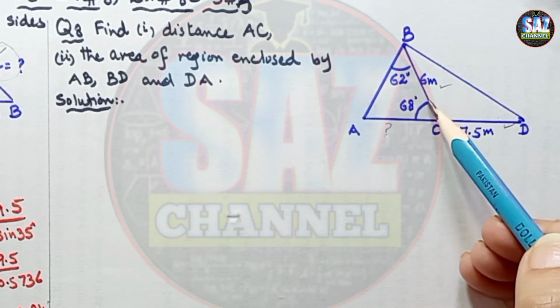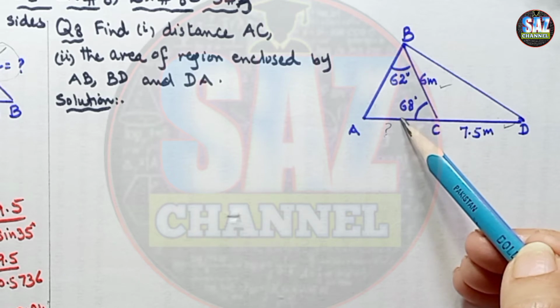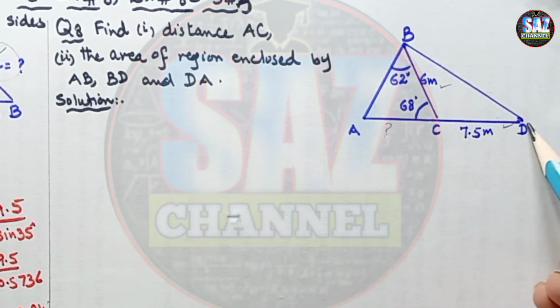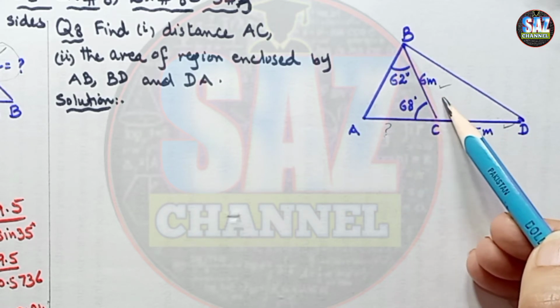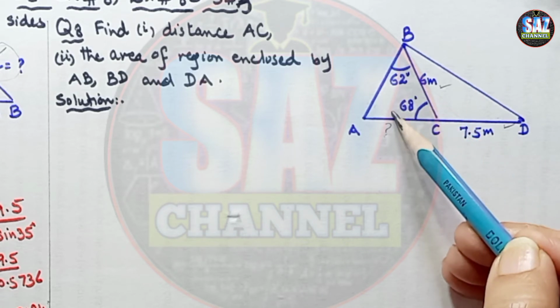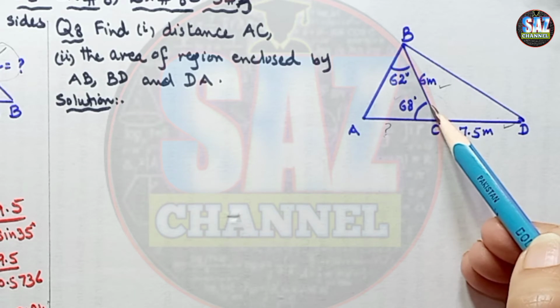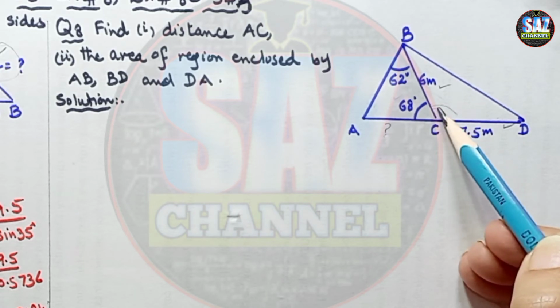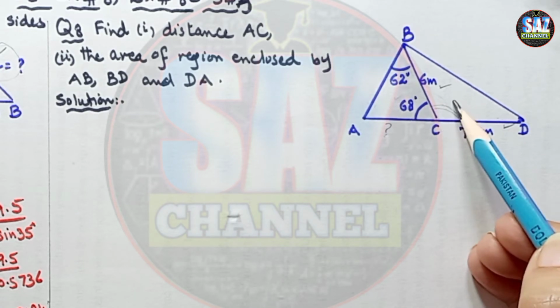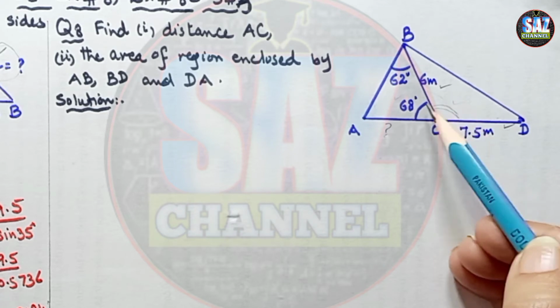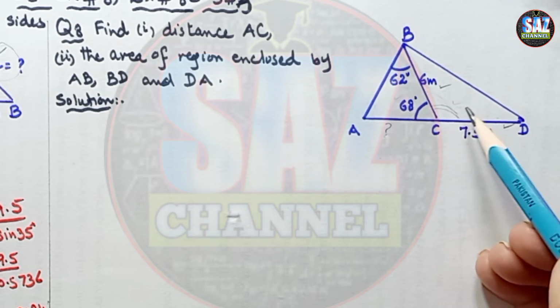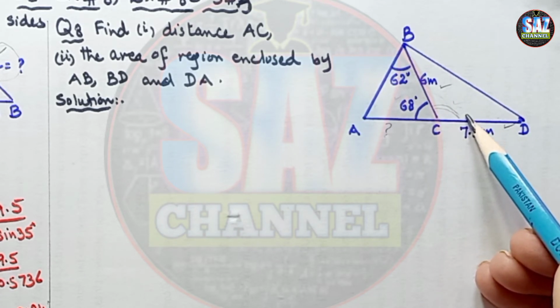Then the second problem, we can see that angle ACD is an angle on the straight line, and some portion of this angle is 68 degrees. If I want to find the remaining portion, we can subtract it from 180 degrees and I can get this angle.